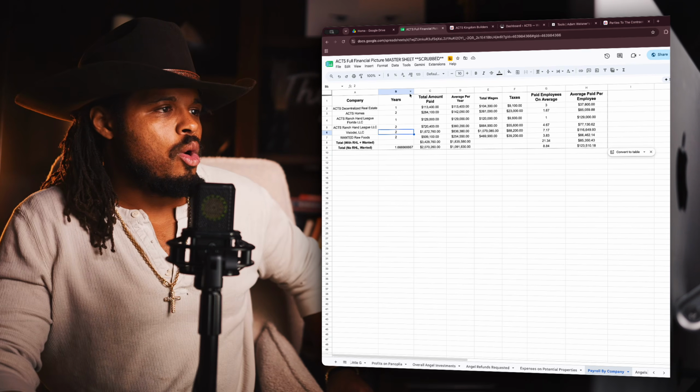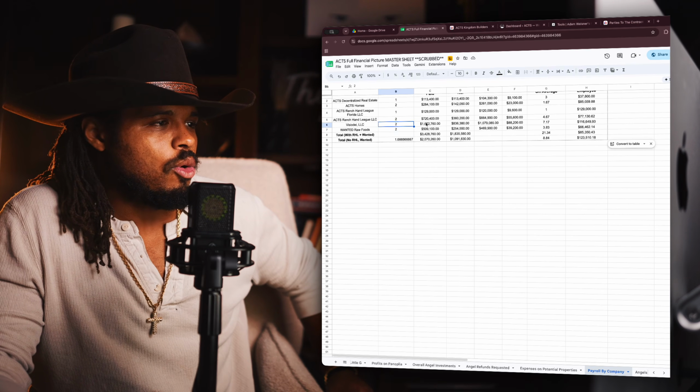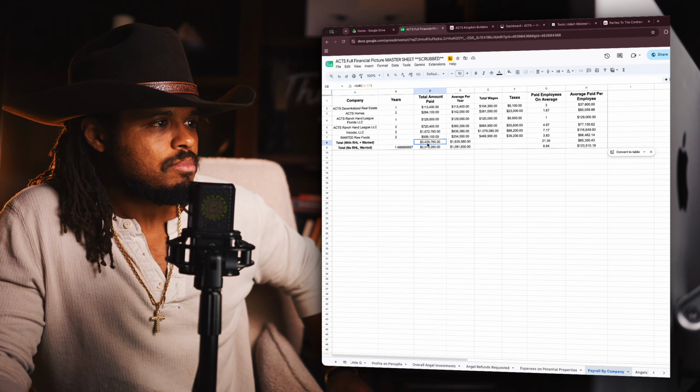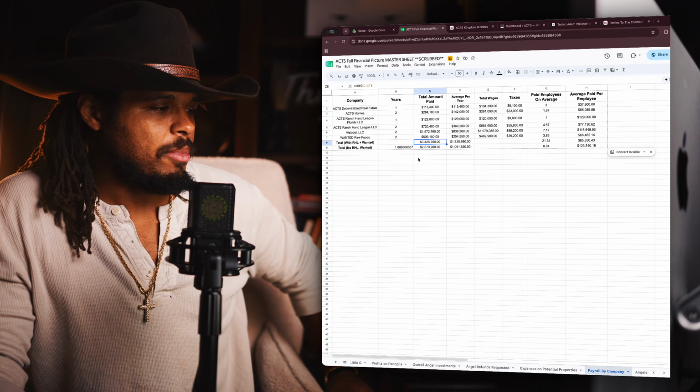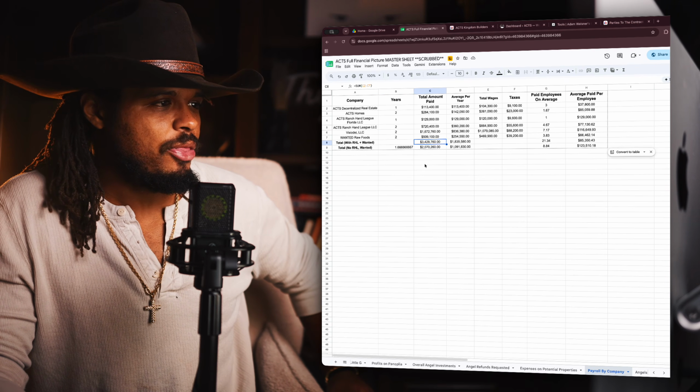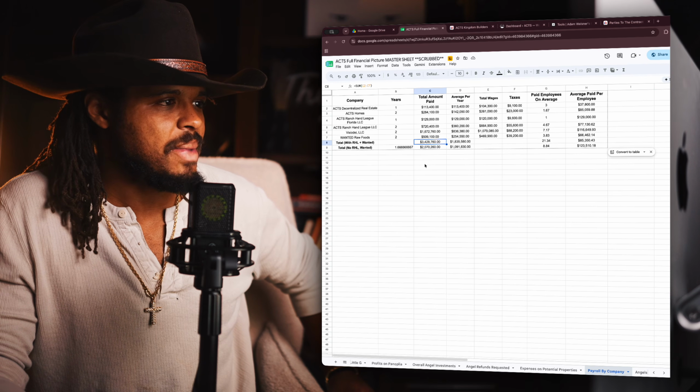So when we look at this, okay, what are the total amounts that have been paid in? Across the board, across all companies, payroll has been about $3.42 million.